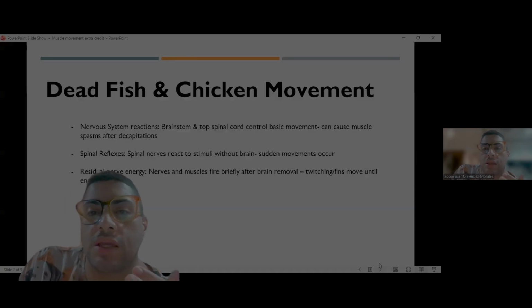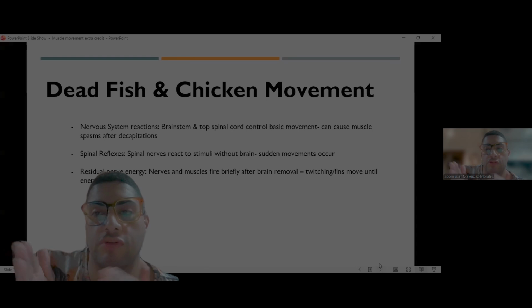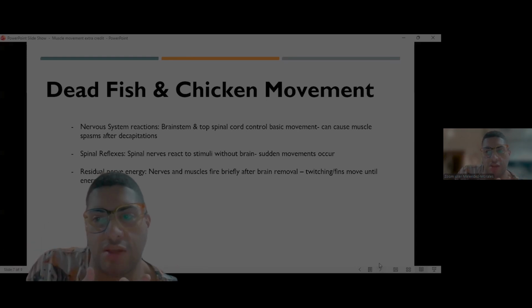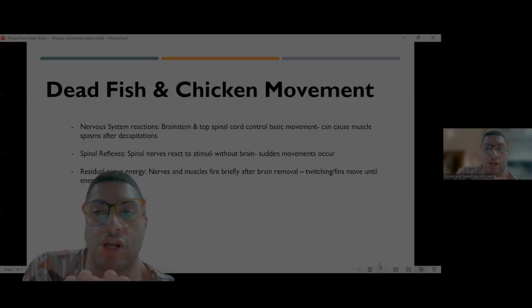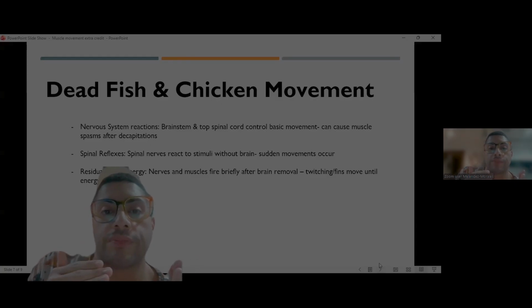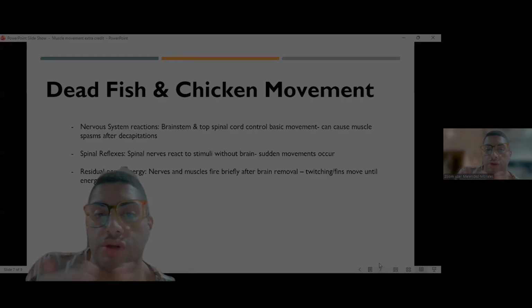But we see here that both the fish and the chicken are attached to bone. Well, more the fish before I get into the chicken, but the fish still has its spinal cord. So remember previously I said that the nervous system is in charge of your body, right? So it's kicking and hollering because there's still some residual nerve energy there.